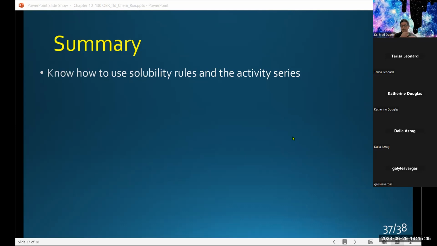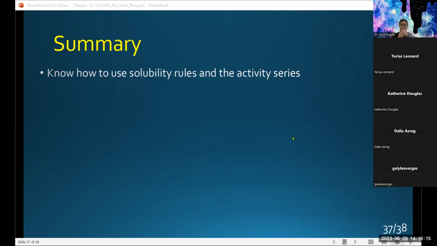The positive and negative ions exchange with each other, and then we look at the new products and determine from the solubility rules if any is insoluble. If one of the products is insoluble, we have a positive reaction. If both new products are soluble, then it's a negative reaction. Nothing happened.